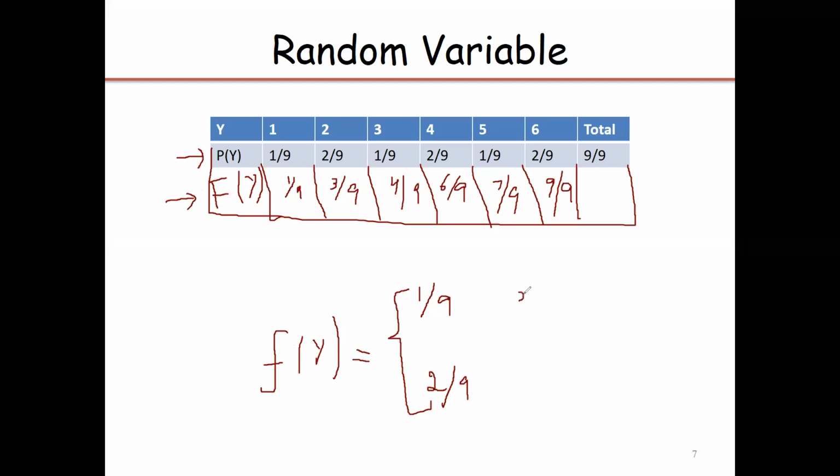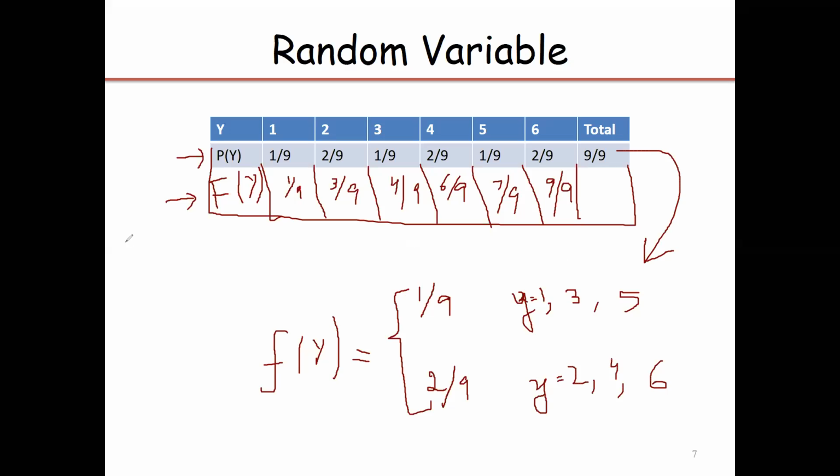Here we have x equal to 1, 3, 5, and here we have y equal to, not x, sorry, because I represented the variable as y, not x. y is equal to 2, 4, 6. This is the way of writing a probability distribution in function form.